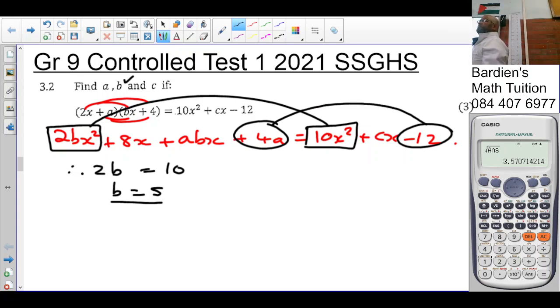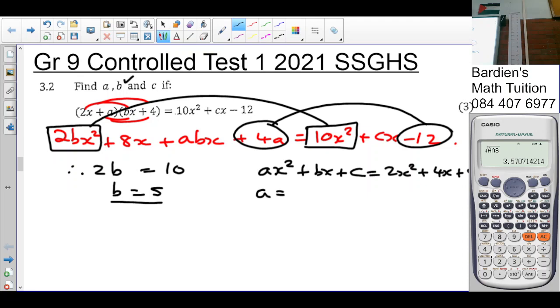Why is it not? So see here, listen. Is this the standard form? We spoke about standard form already, right? That is standard form. So if ax squared plus bx plus c is equal to 2x squared plus 4x plus 5, what is your value for a? 2.